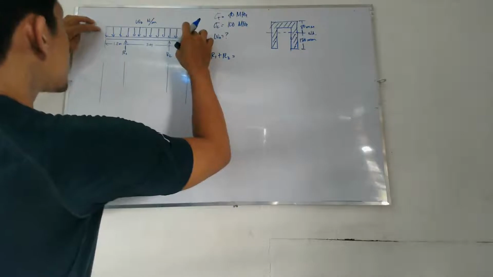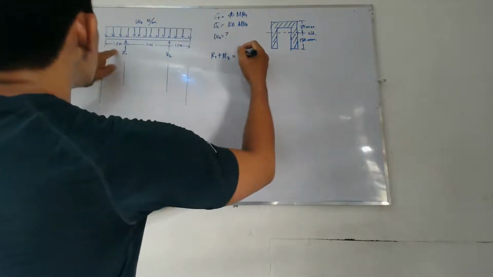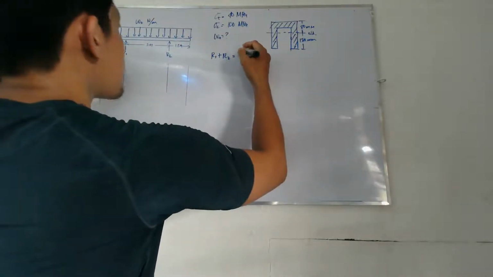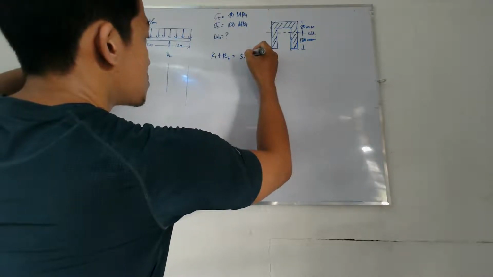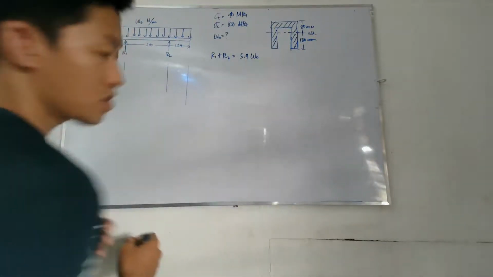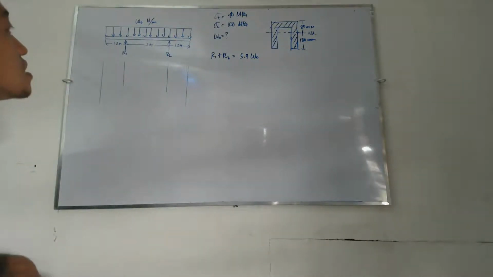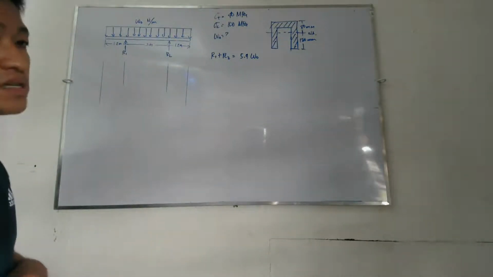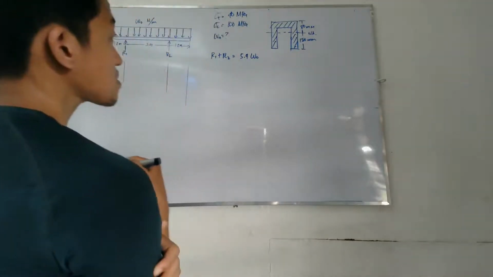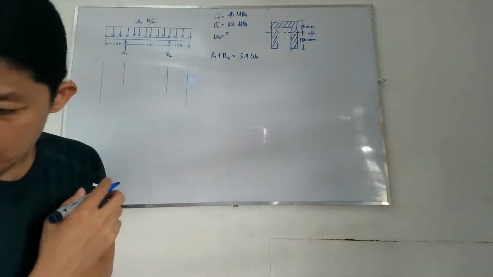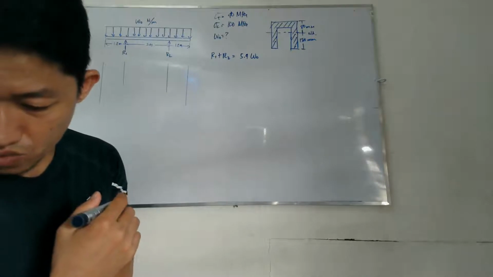Okay, total load ani is 5.4 times omega O. Tama? Tama. Okay, unit is Newton.